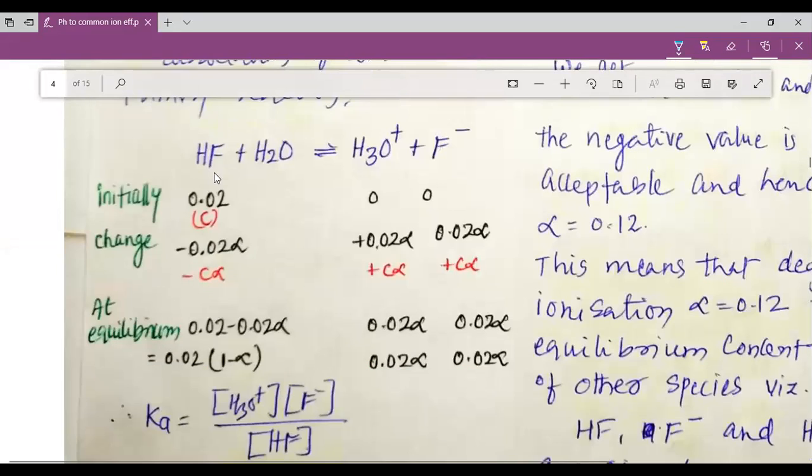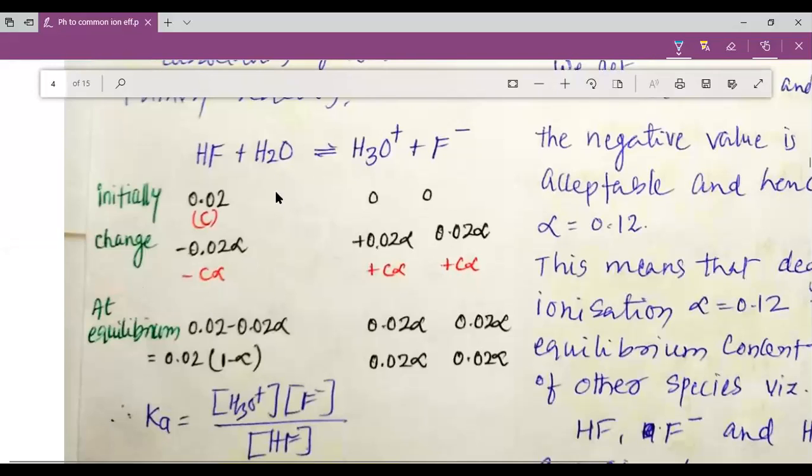When we add HF to water, it gives us H3O plus and F minus. Initially the concentration of HF is 0.02, which we represent as C, and the concentration of products is 0 and 0. Now let us see what change takes place when the equilibrium is established.